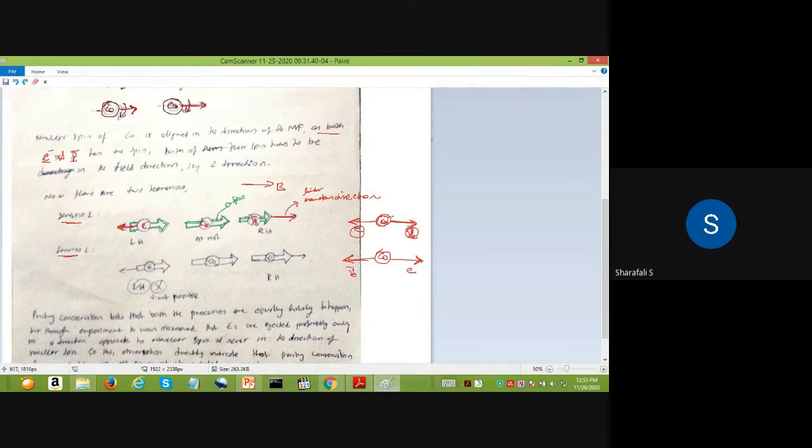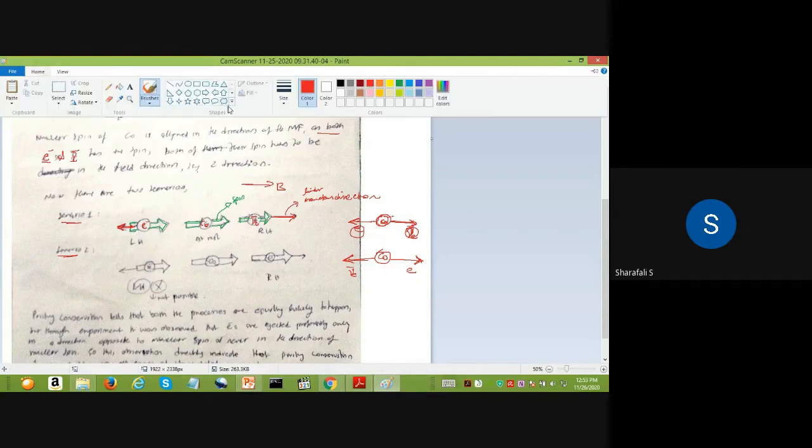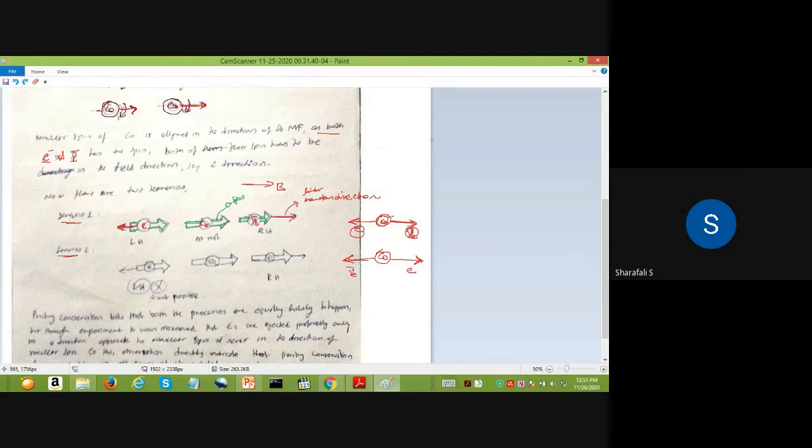So when you consider the second scenario, and especially check this case, we have the motion of the neutrino in this direction and the spin in the opposite direction, which makes this a left-handed system. This is a left-handed system.